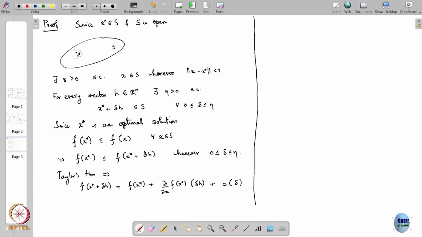It stands for any quantity theta of delta such that if I look at the limit of theta of delta divided by delta, this goes to 0 as delta goes to 0.